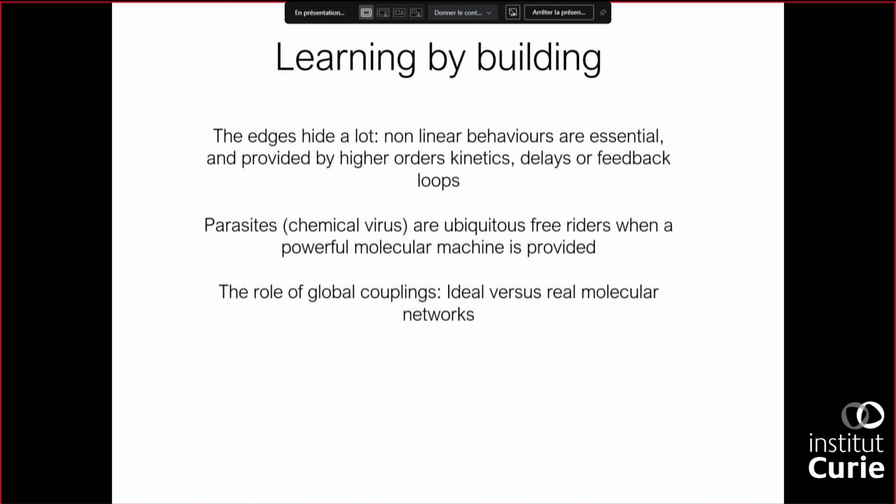And also an important point is the role of global couplings. This is something I will just discuss a bit in more detail. So you implement your network as an idealization. You think that the couplings exist just where you have put them, but in fact it's typically not true. This comes from the fact that molecular networks are typically amorphous. All species are not physically separated.